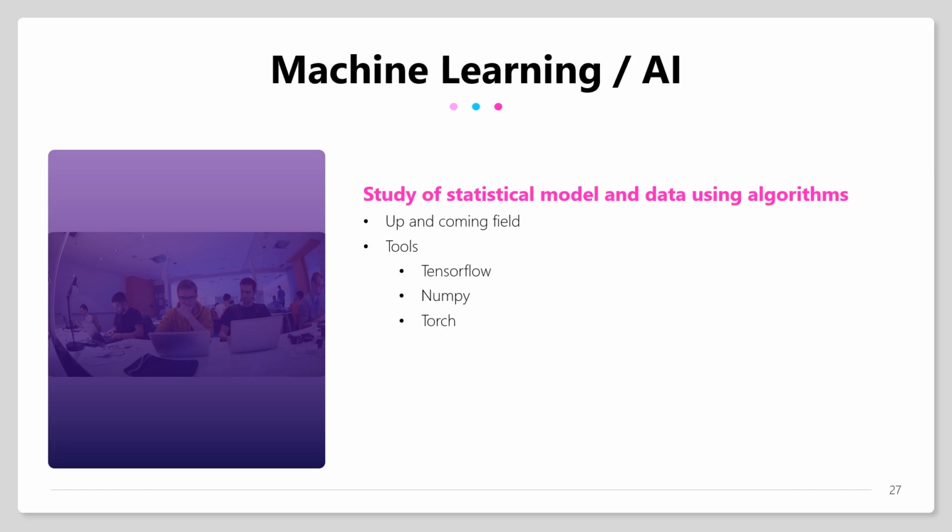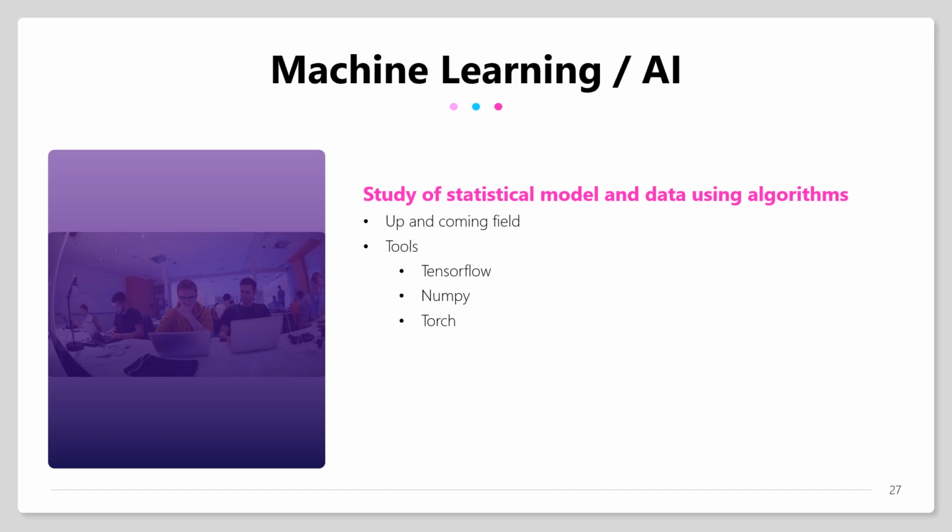And emphasis on performance. So machine learning is basically the study of statistical models and data using algorithms. It's kind of an up-and-coming field. It's definitely been popular in the last 5 years. We can take lots of data, and what we find in a lot of industries is there's thousands of gigs and terabytes of data, but can we understand that data, can we predict the future from that data, is really interesting.